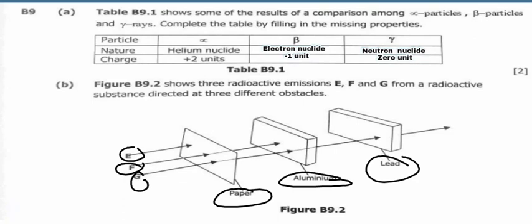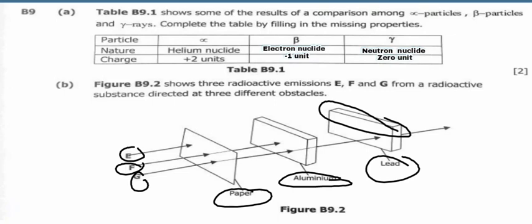So now it can be stopped by a sheet of lead, but it penetrates about a few centimeters. Which means we can conclude that a material which is suitable to make a box for storing radioactive emissions is lead, because lead can stop the penetration of gamma rays, beta particles, and also alpha particles.